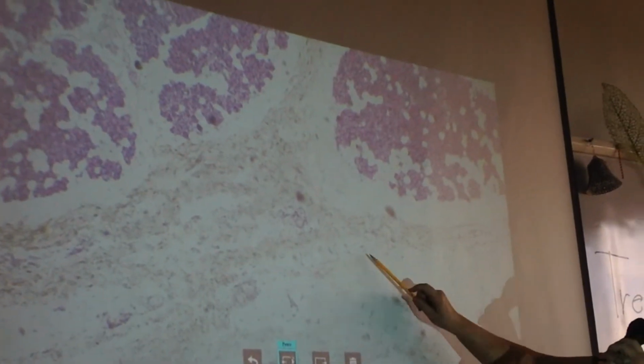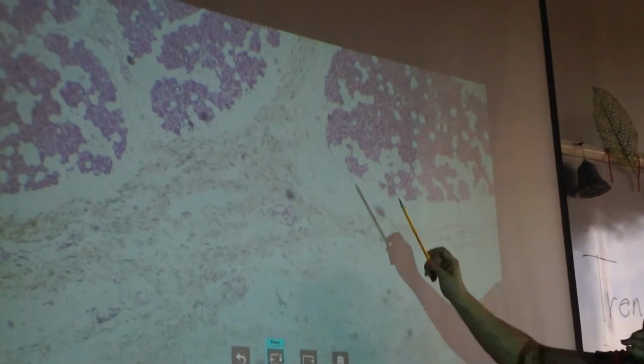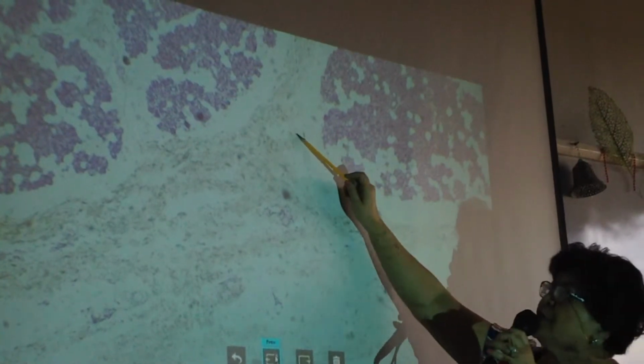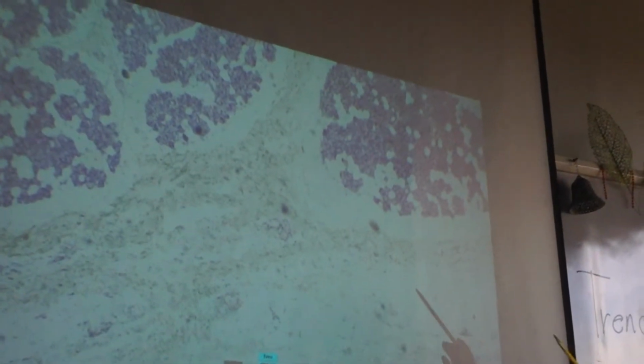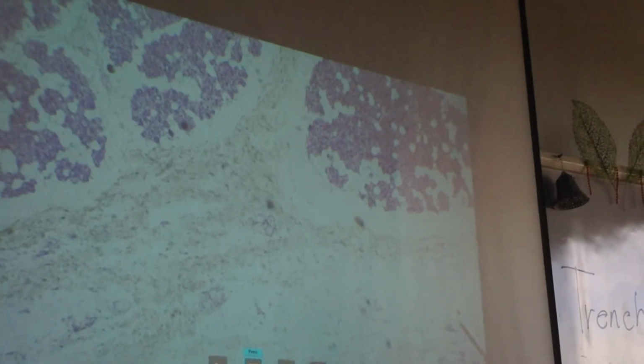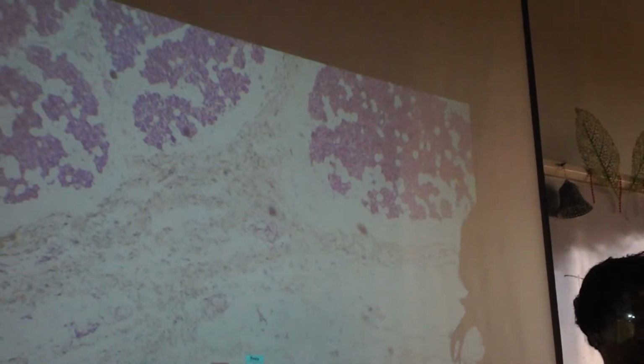Extension from the capsule towards the substance of the parotid gland, or the parenchyma, forms your interlobular septa. The interlobular septa divides the parenchyma of the organ into lobules. This is one lobule, this is another lobule.